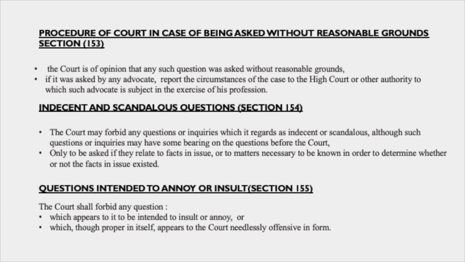It is dealt under section 153. If the court is of the opinion that a question that is asked is without reasonable ground, and if that question was asked by an advocate, they can report this to the High Court or any other authority to which such advocate is subject in exercise of his profession.